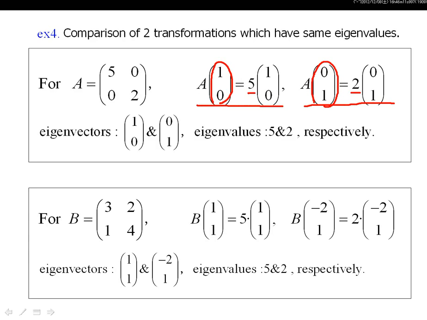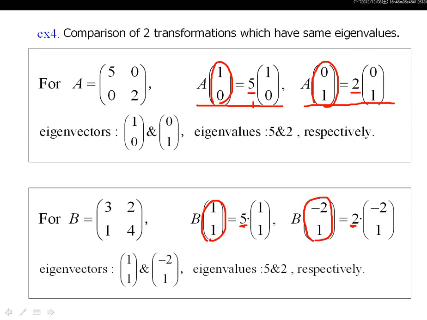And B is (3, 2; 1, 4). By calculation, B(1, 1) equals 5(1, 1), so (1, 1) is an eigenvector and the eigenvalue is 5. B(-2, 1) equals 2(-2, 1), so the eigenvector is (-2, 1) and the eigenvalue is 2.